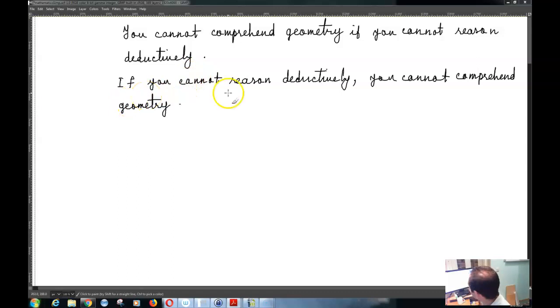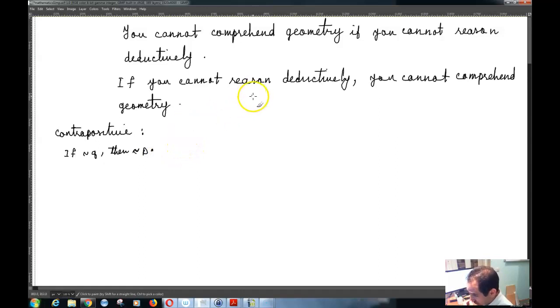So now the contrapositive is, basically, if not Q, then not P, right?